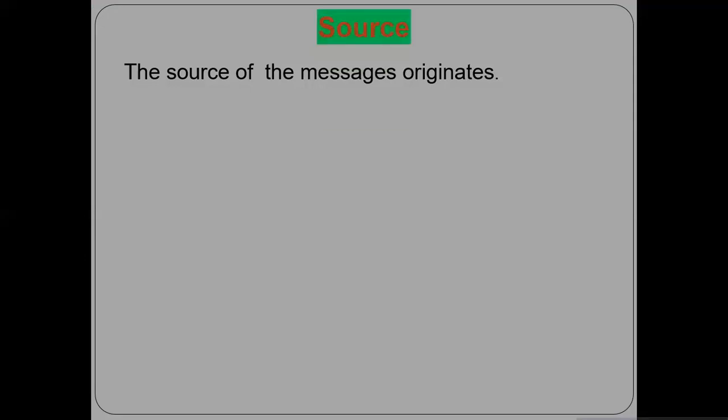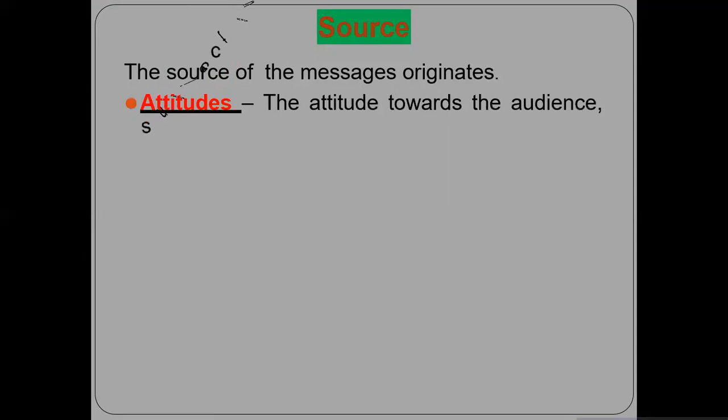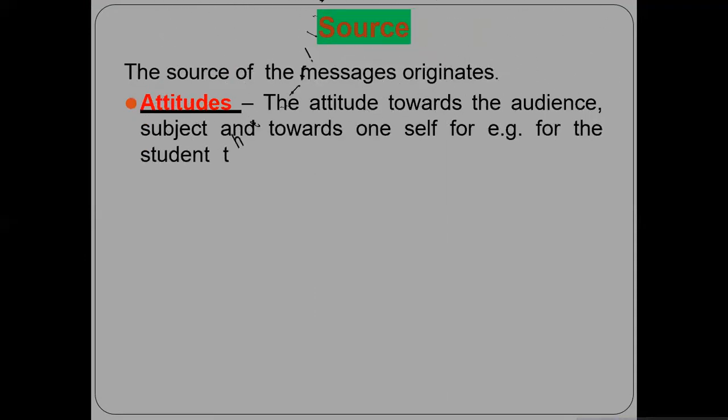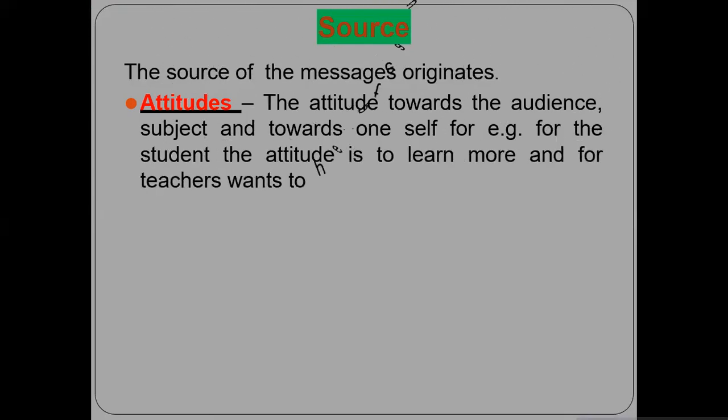Number one, source. The source of the message originates from attitudes: the attitudes towards the audience, the subject, and towards oneself. For example, for the students, the attitude is to learn more, and teachers want to help them. Am I right? Okay.